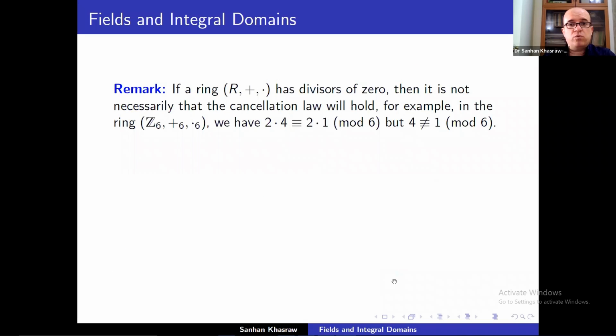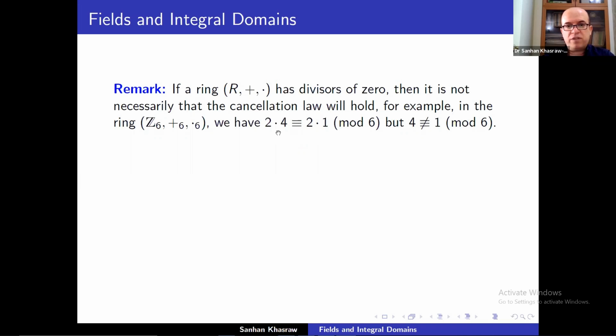So let's see what will happen if we have a ring which has divisors of 0. Let's look at the example Z6 again. We see that 2 times 4 is congruent to 2 times 1 mod 6.